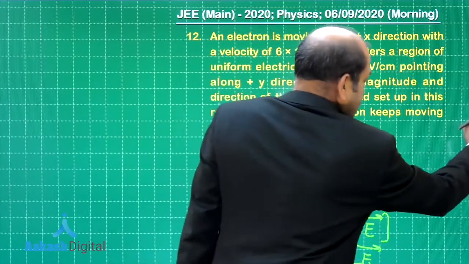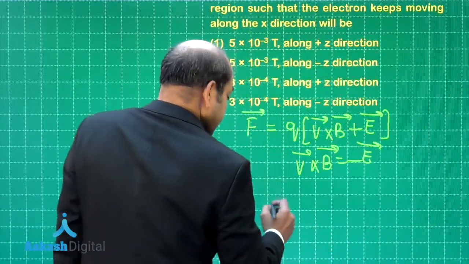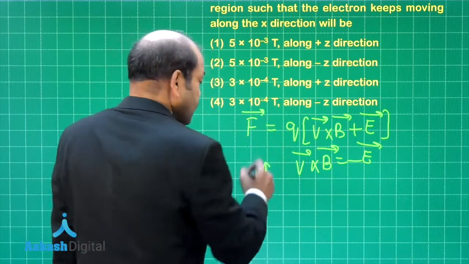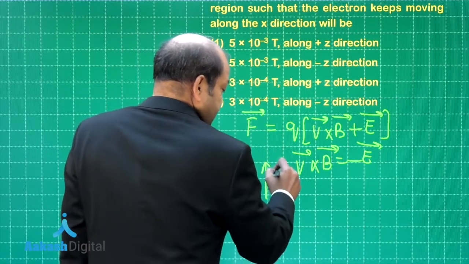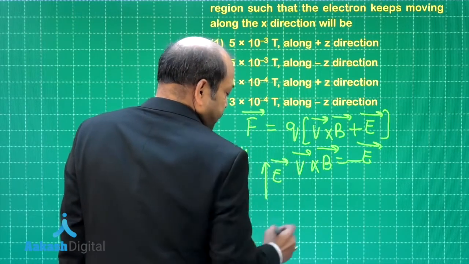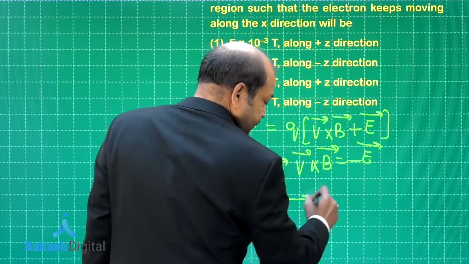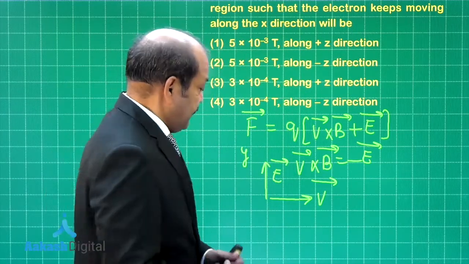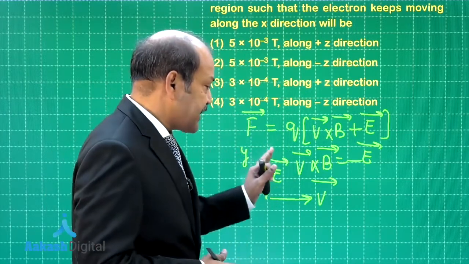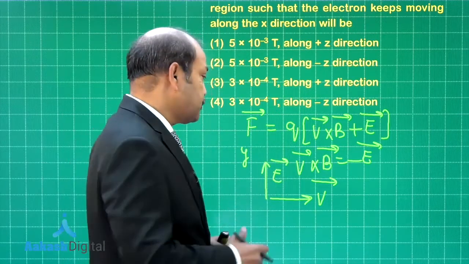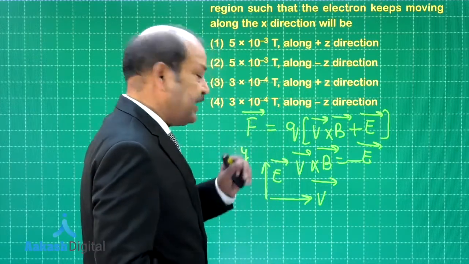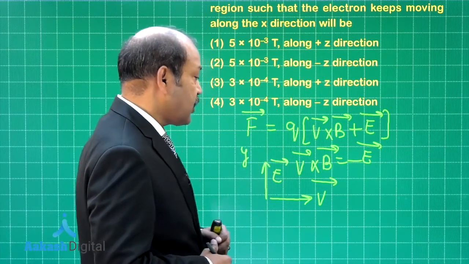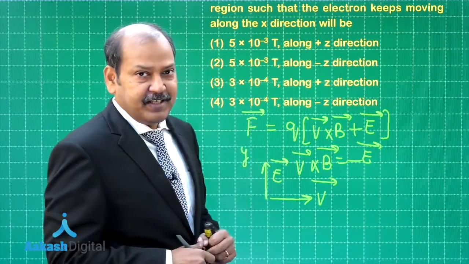So, if we show the situation here, this is how the direction of the electric field is given along the y axis. This is the electric field vector, the particle is moving along this direction, and as we just discussed, the direction of V cross B should be opposite to the direction of E. So, that means V cross B should be directed along the negative y direction.